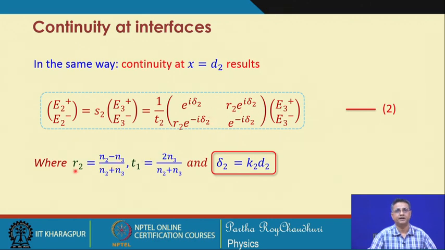Again R2, the amplitude reflection coefficient, and T2, the amplitude transmission coefficient, corresponding to the second and third layers will appear here in this form. This should be R2, this should be T2.